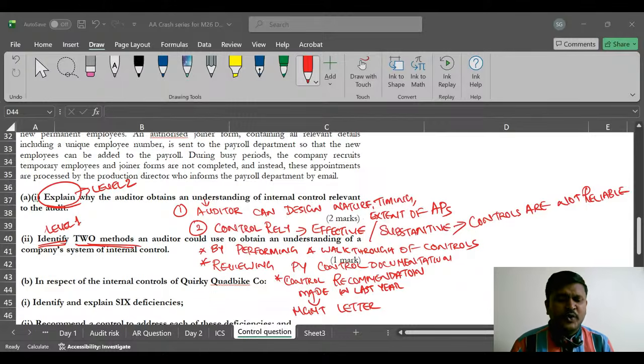Okay. No, board meeting minutes, no. Board meeting minutes will normally be used for any major changes you will be making. So yes, if they are making a change in the internal control system, they will record it, but only that there is going to be a change. In detail, if you need to go through it, that will only be available from the manuals or the particular policy documents.